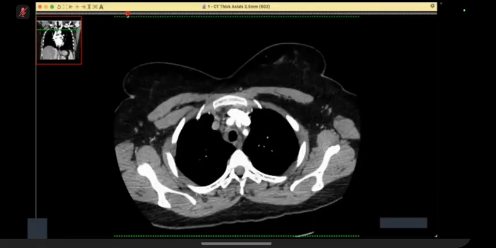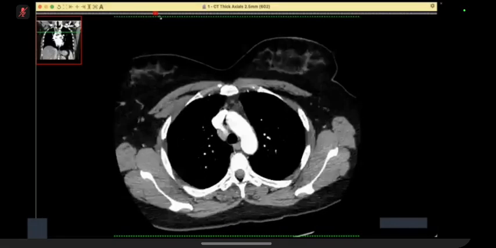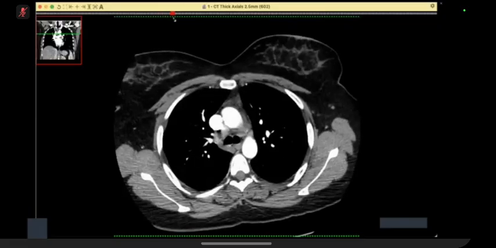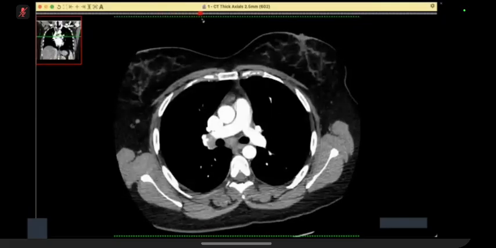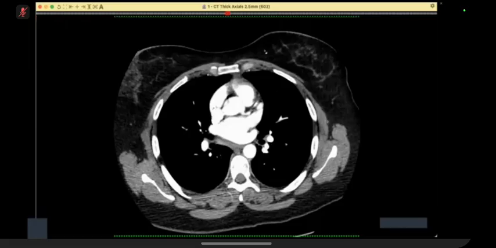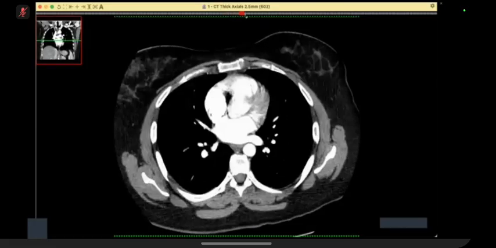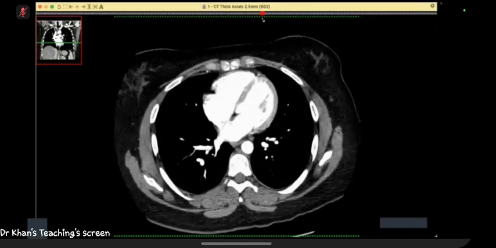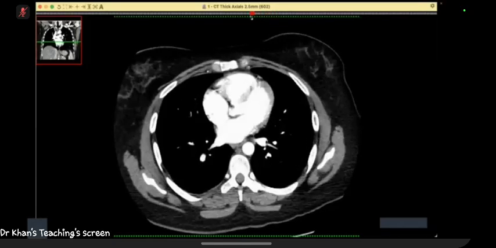Oh, okay. So I can see there are enlarged mediastinal lymph nodes. We can see right hilar lymph nodes and coronal lymph nodes as well. I can also see, looking at the left hilum.